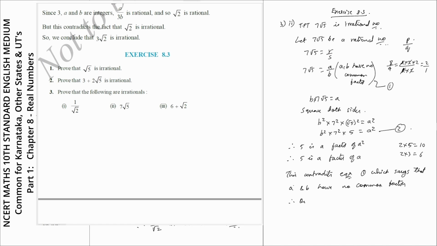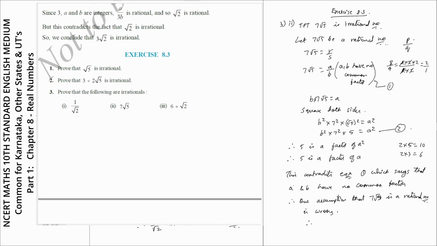Therefore our assumption itself is wrong. What is our assumption? Our assumption was 7 root 5 is a rational number. This assumption itself is wrong.